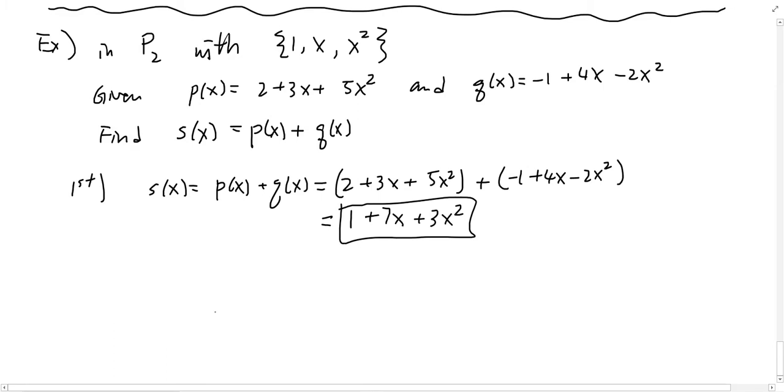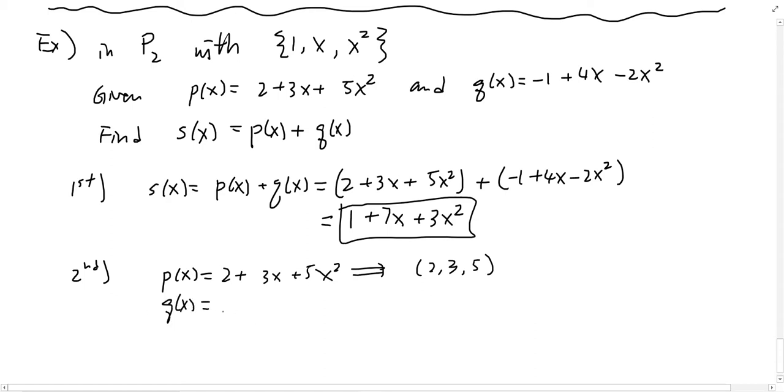But of course, you can also think of it this way instead, which is technically what some of you are probably thinking about doing anyway, which is to think of them as coordinates. So p of x is equal to 2 plus 3x plus 5x squared, which tells me the coordinate vector is 2, 3, 5. And q of x, in the standard basis, which is negative 1 plus 4x minus 2x squared, gives the coordinate vector negative 1, 4, negative 2.